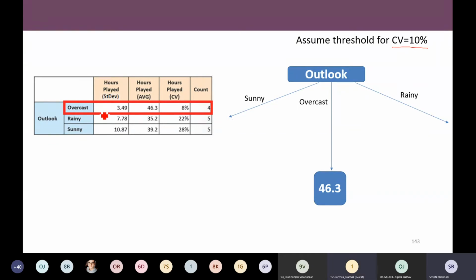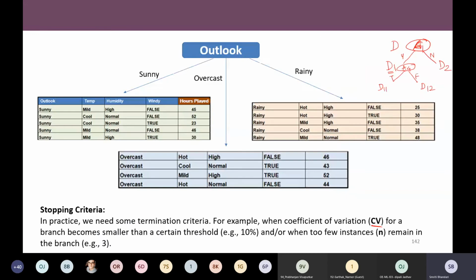Yes, ma'am. What we are going to do is find out where to stop. We have mentioned that our stopping criteria is when the coefficient of variation CV for a particular branch becomes smaller than a certain threshold, or if very few instances remain in the subset, then there is no need to expand the branch further.